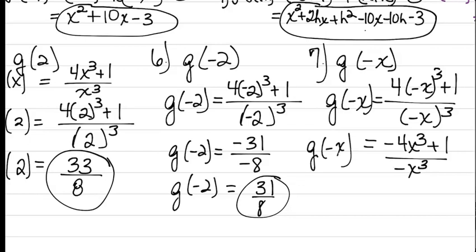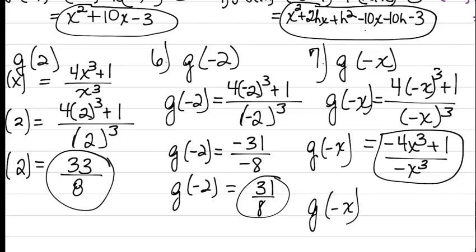I'm okay with you all leaving the answer like this. But technically, we're not supposed to do that. We're not supposed to leave negatives in the denominator. I'm supposed to take this negative and bring it up here. So I'm going to take the negative and distribute it through the numerator. So that's going to change this from a -4x cubed to +4x cubed, and the +1 to a -1.